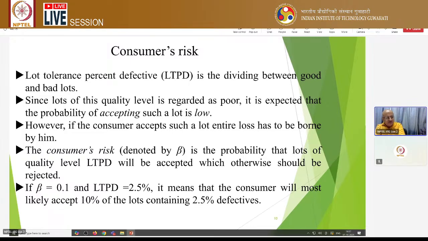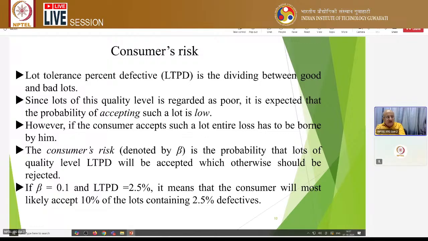Since it is probability based, everybody is taking some risk. That means the consumer also has some chance that more defective pieces than his expectation can come. Similarly, the producer also has risk, because sometimes the producer's good lots may also be rejected by chance, because of the probability.